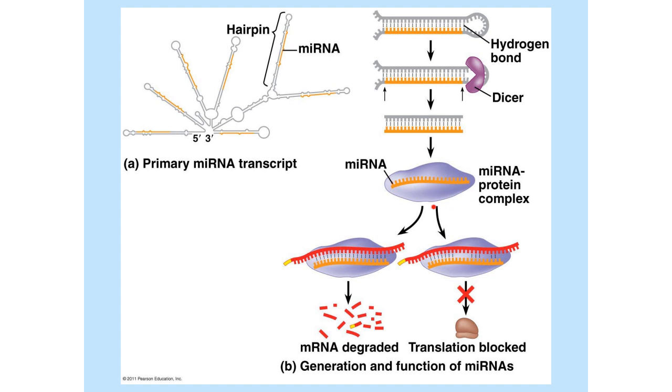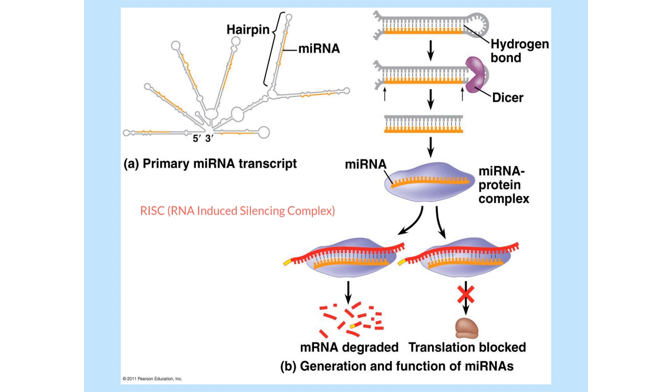Now, the proteins that form the RISC complex, which stands for RNA-induced silencing complex. There's a whole bunch of proteins here that come together with one strand from this double-stranded RNA. So this is our microRNA. When it comes together with that single-stranded RNA, we form the RISC complex.